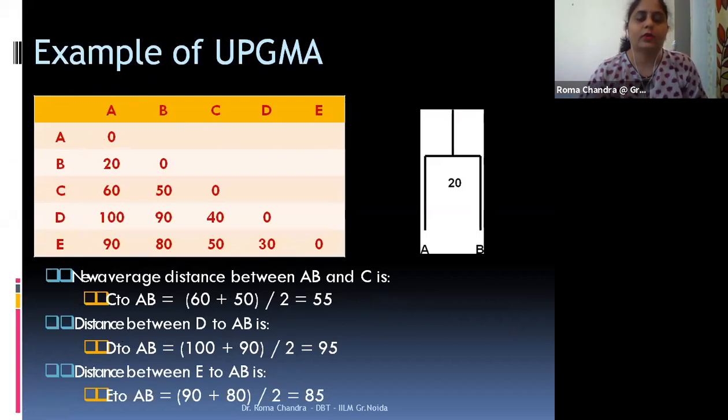For finding out how these 5 species or sequences are connected to each other, we need to create a distance matrix. So this is actually a distance matrix. A has its defined sequence, B has its own sequence, and C, D and E all have their own sequences.